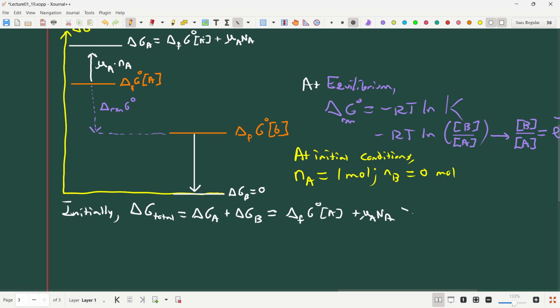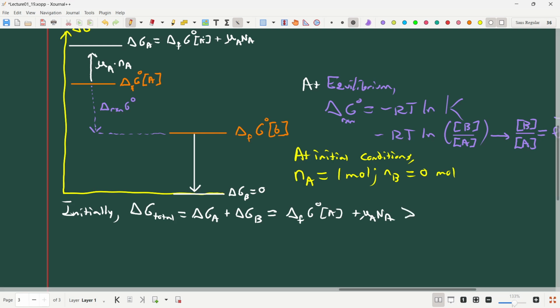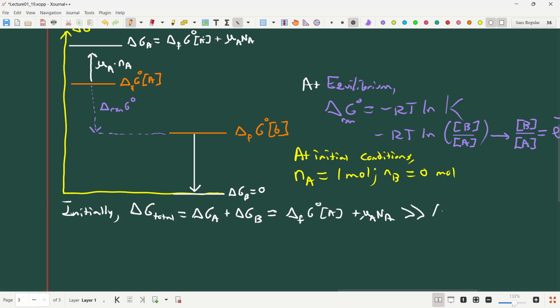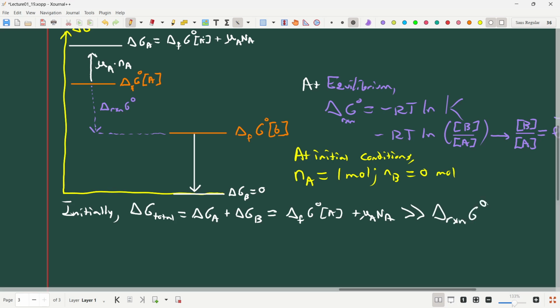And that's, of course, as we can see from here, that energy difference is much greater than the reaction Gibbs free energy. Because the reaction Gibbs free energy is the difference between here and here. That's the difference between the two boxes at equilibrium. And this is what we have initially, this big difference.